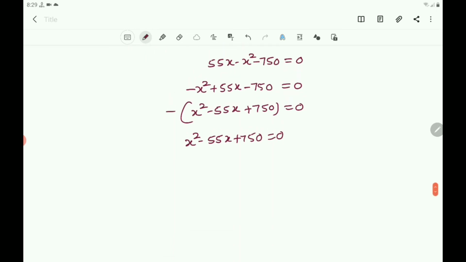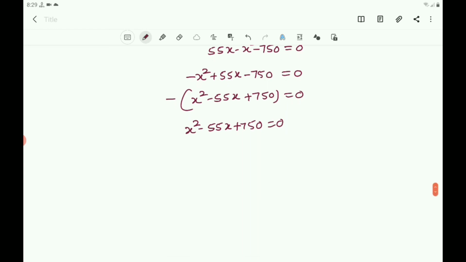Now you find the value of x, find the solution by splitting the middle term by the method of factorization. Now here, if the factors are p and q, the product of the factors is 750 into x square, that equals 750 x square.